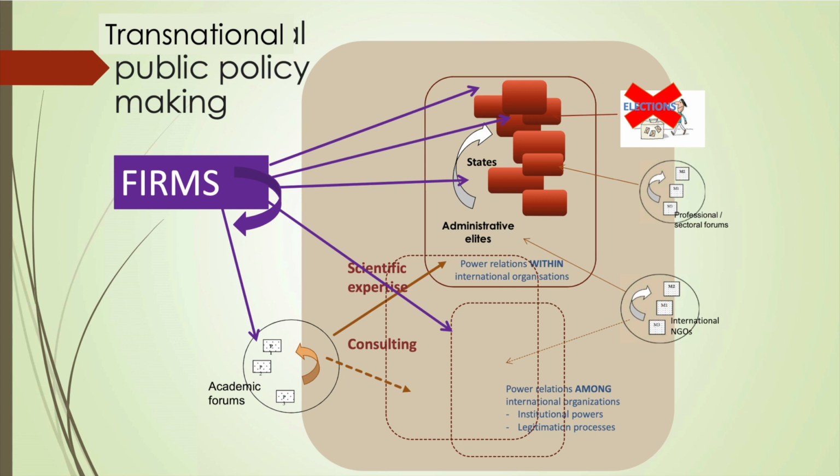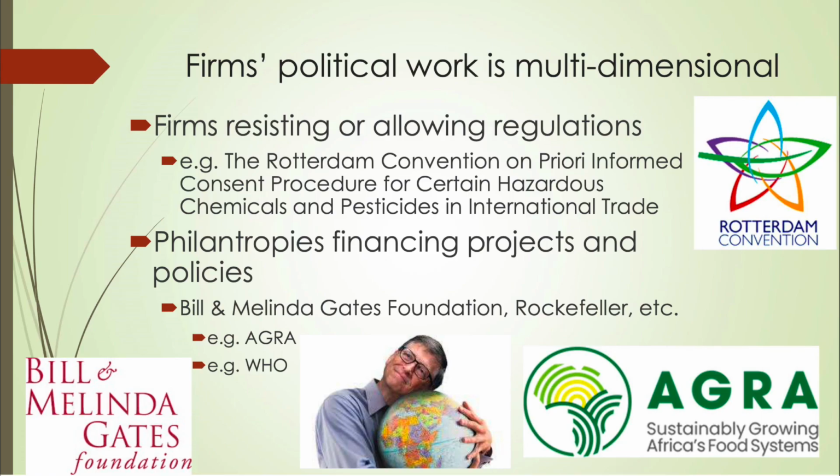And for this, they have various strategies. They develop what we call political work, and this political work is multidimensional. It's of course lobbying work, for instance, lobbying to try to push for policies which are favorable to their market power, or to restrain or to break policies which would go against their interest.